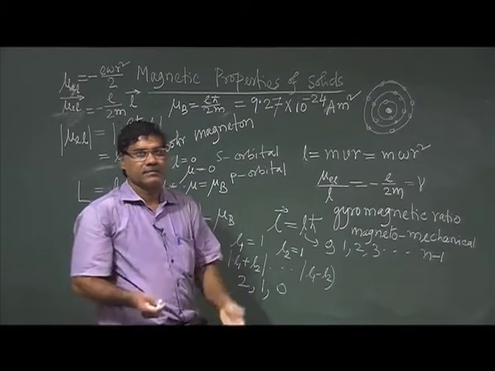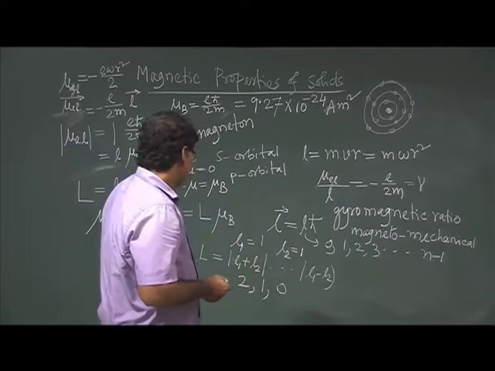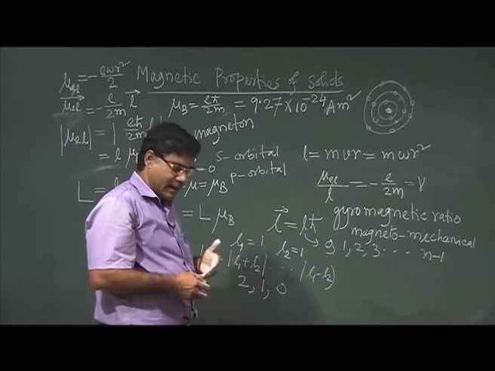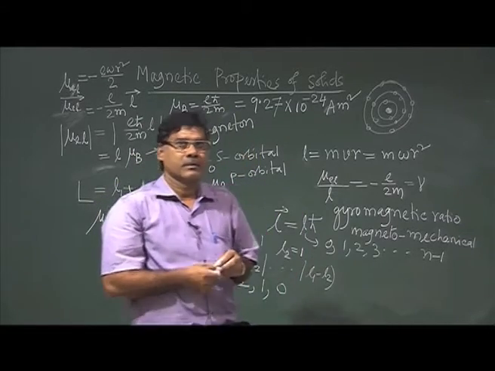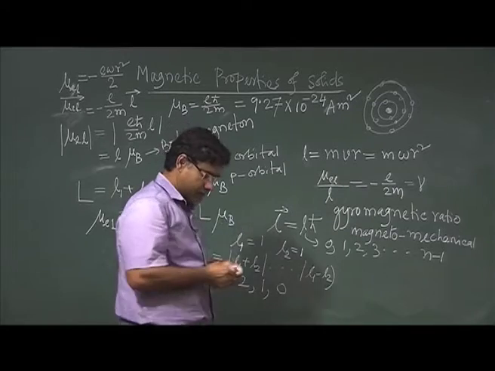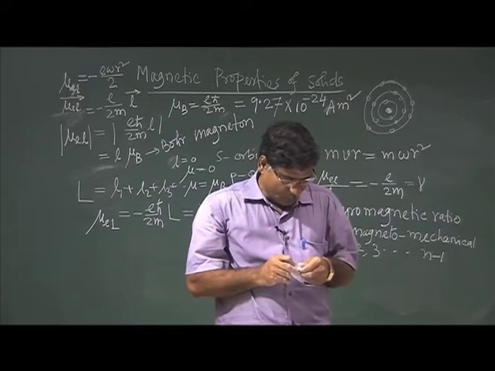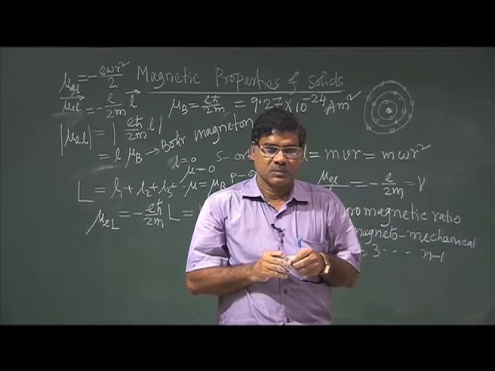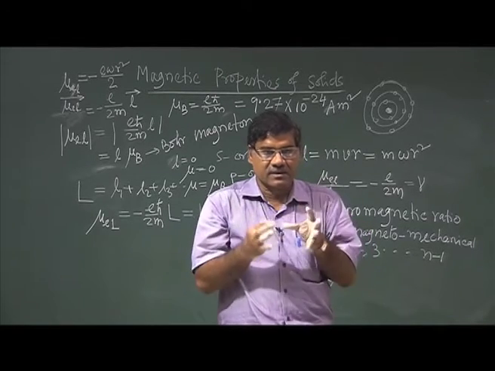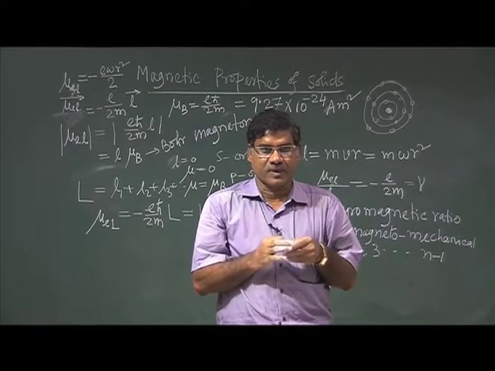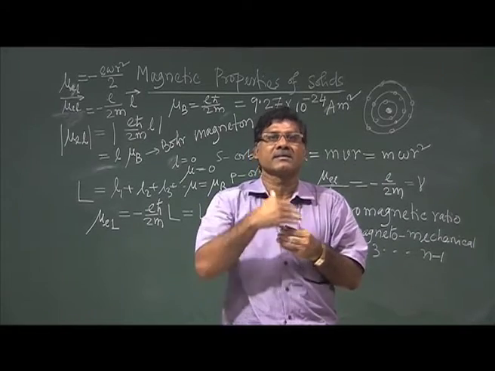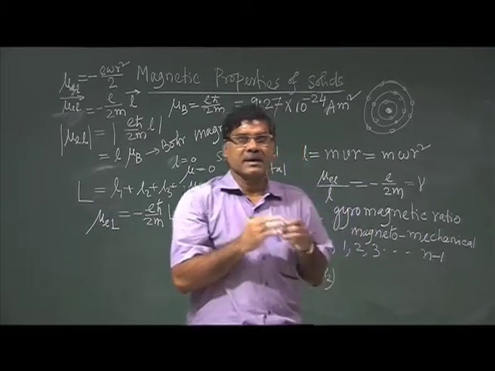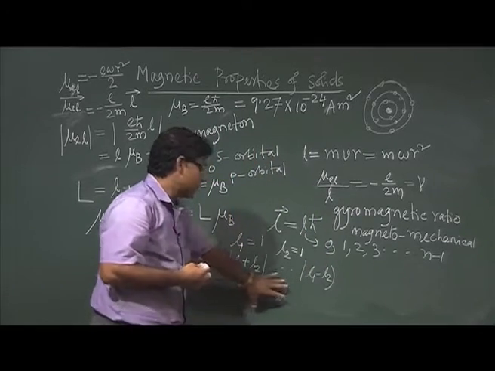So, there are 3 possibilities, and which one it will take depends on the state of this atom, whether it is in ground state or whether it is in excited state, etc. But it can have only these 3 values.